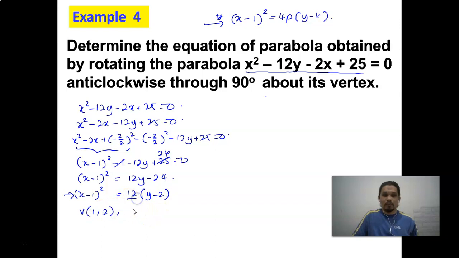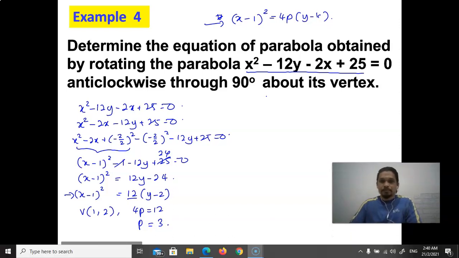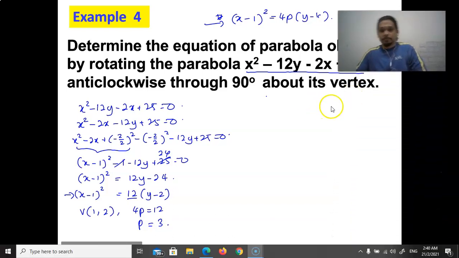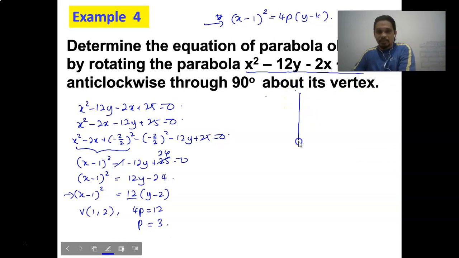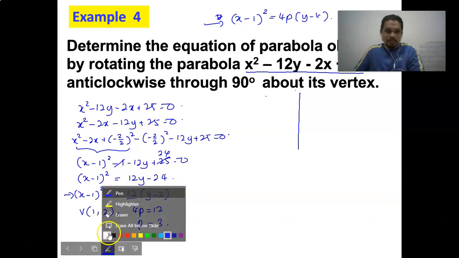Then 4p equals 12 and p equals 3. Okay, so now let's sketch the graph of this. It's not very straight here.